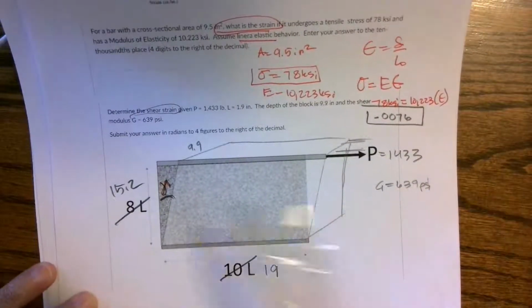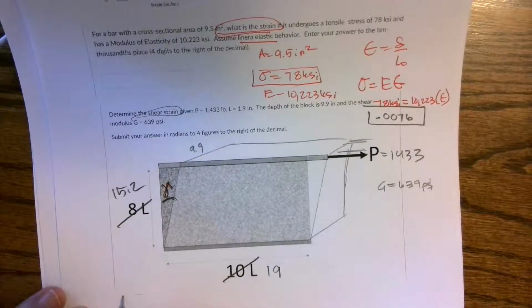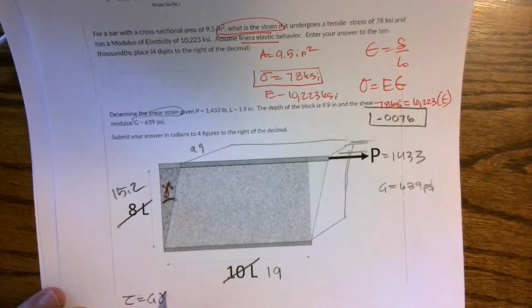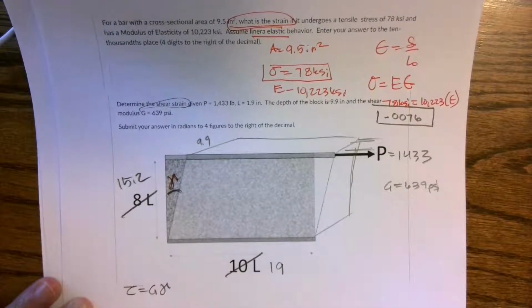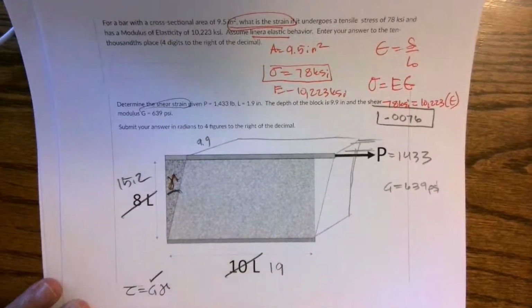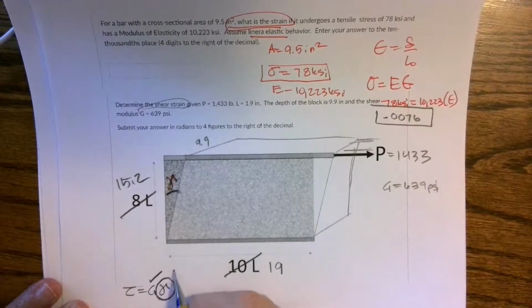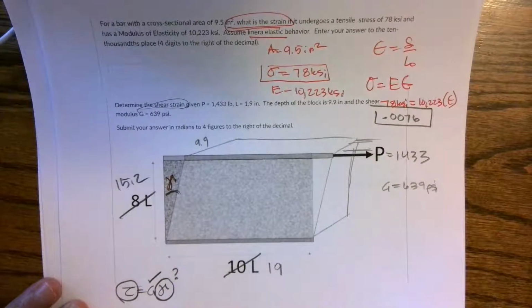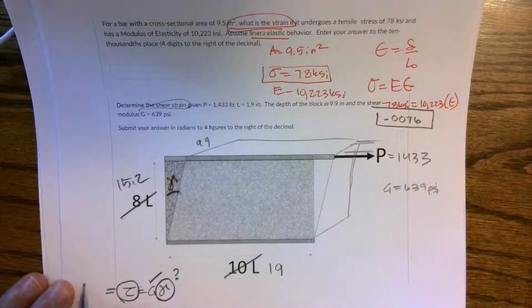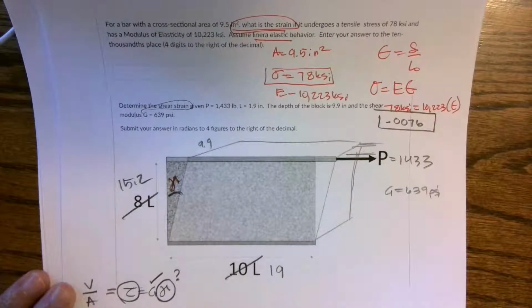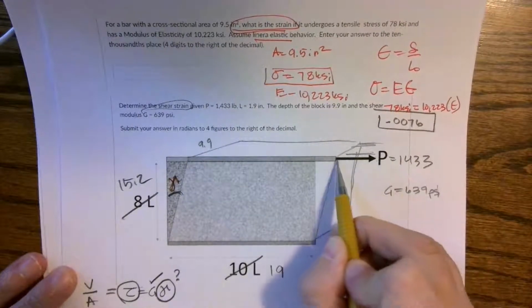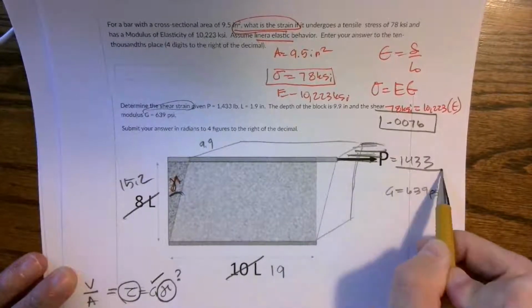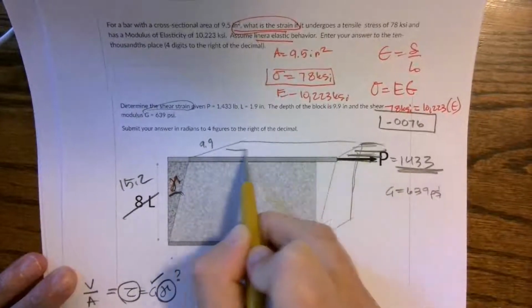So I know that shear strain comes from shear stress, and I have G, that's given. I'm trying to find the shear stress. So stress is V over A. It's just like P over A. As I'm pulling here on the top at 1433, that is creating a force across the top.